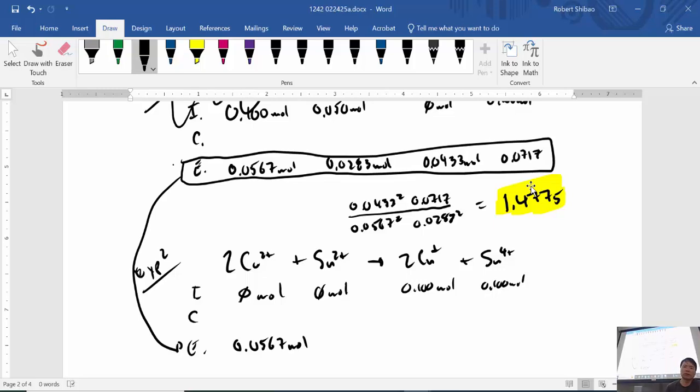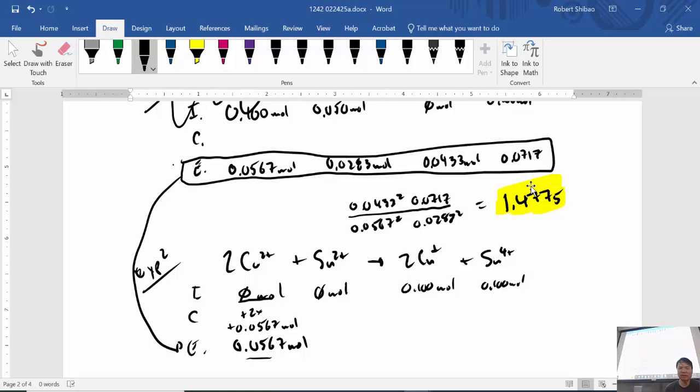In the second reaction, we started off with 0 moles, and we end up with 0.0567. So this has got to be plus 2x. Plus 2x is going to be plus 0.0567. If that's plus 2x, then plus x is half of that.